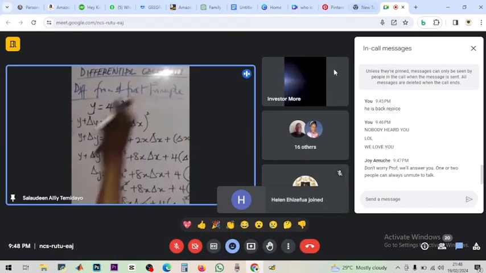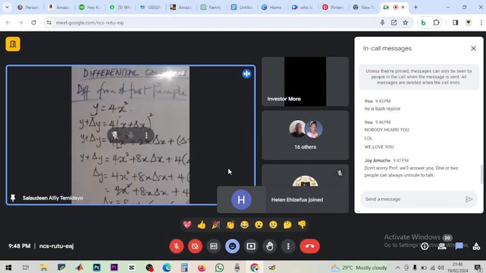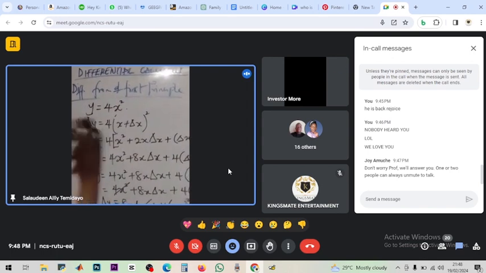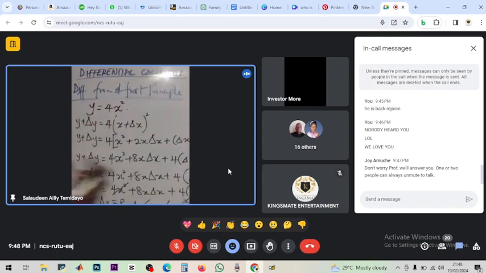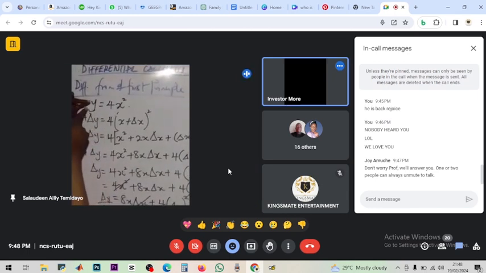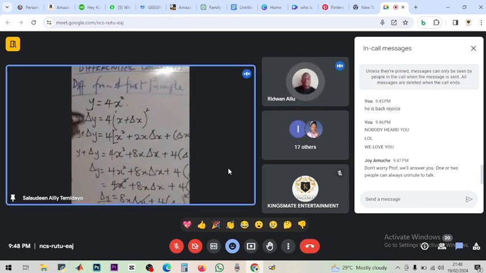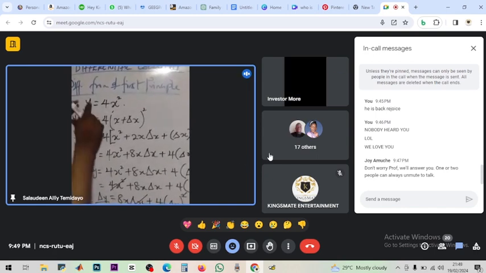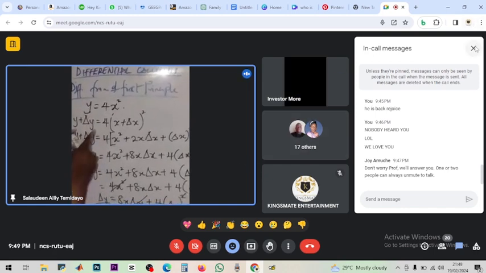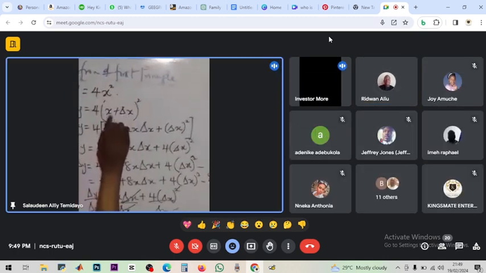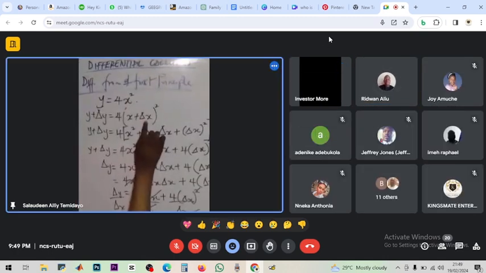The function given was y equals 4x squared. Now, the first thing we are going to do, one of you even mentioned it, is represent this y using y plus dy, and represent x using x plus dx.